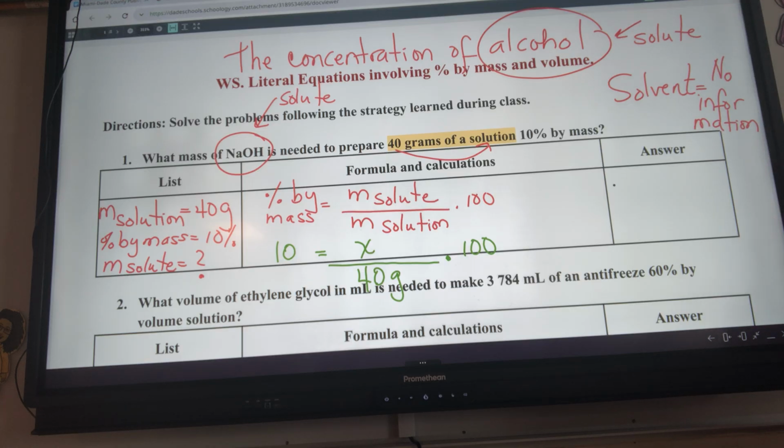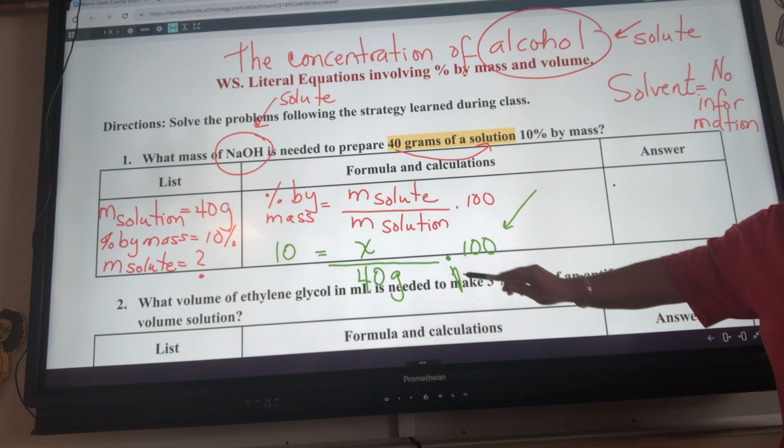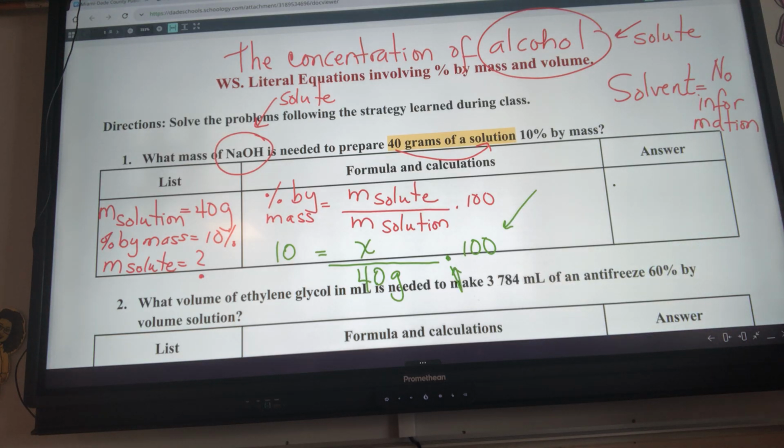I'm going to start looking at the terms that are affecting the x. First, I have 100 over here. What is the operation that 100 is performing? And what is the opposite? Division. So to the other side, divided.